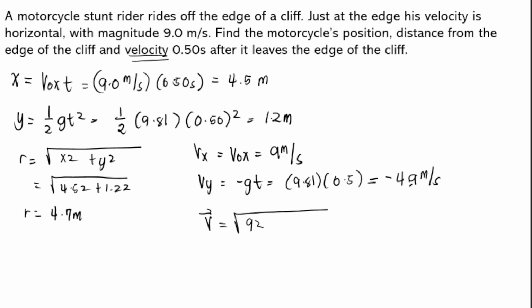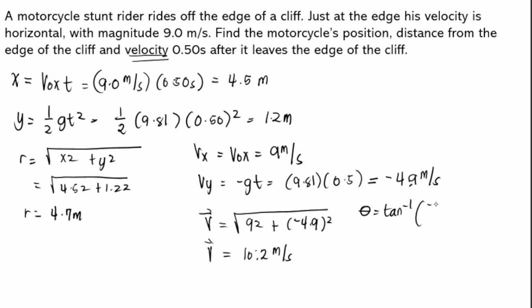So, 9 squared plus negative 4.9 squared, so velocity vector is equals to 10.2 meters per second. Okay, this won't be complete without any direction, so we have to also compute tangent negative 1.